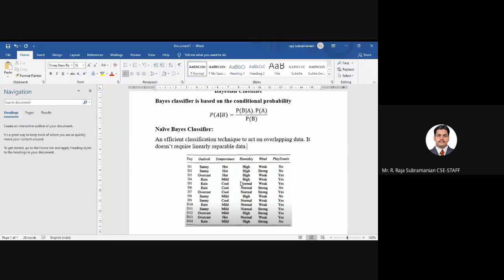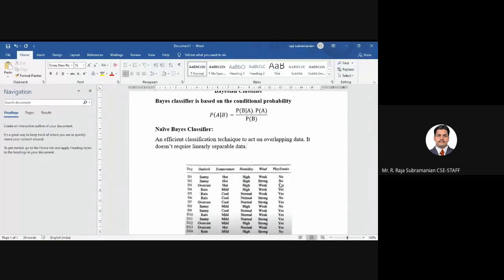Here in naive Bayes I use the same idea, but instead of metrics like entropy or gain, I use a probability called the conditional probability. With what probability can I say a particular child with this condition can go and play tennis, and with what probability with the same condition he should not go and play tennis? That's what I have to identify.